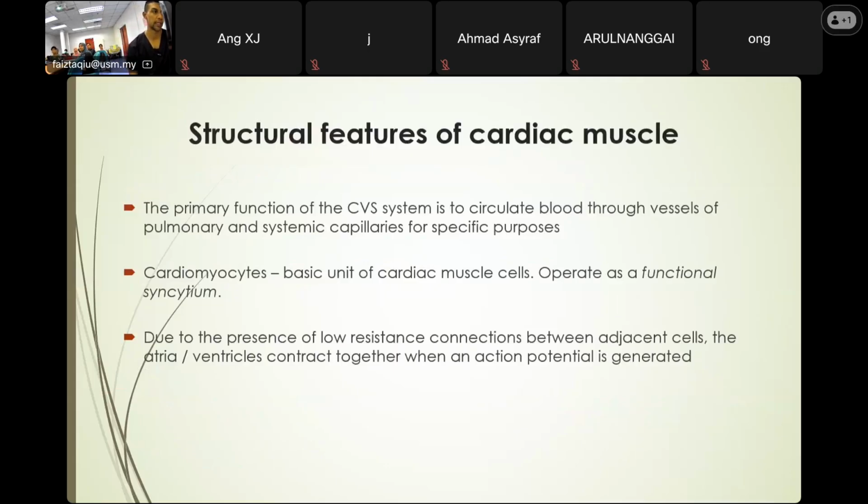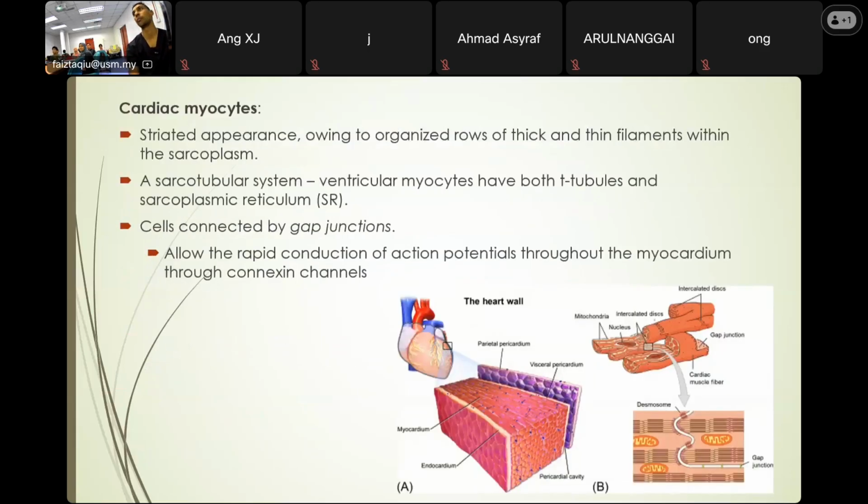Because cardiomyocytes have low resistance connections between adjacent cells, the atria and ventricles contract together when an action potential is generated, due to the presence of gap junctions, which allow rapid conduction of action potentials. So it seems like they are functioning simultaneously, but actually they are not. It's just due to the gap junctions that the action potential is transmitted through, making them seem like they're working together.